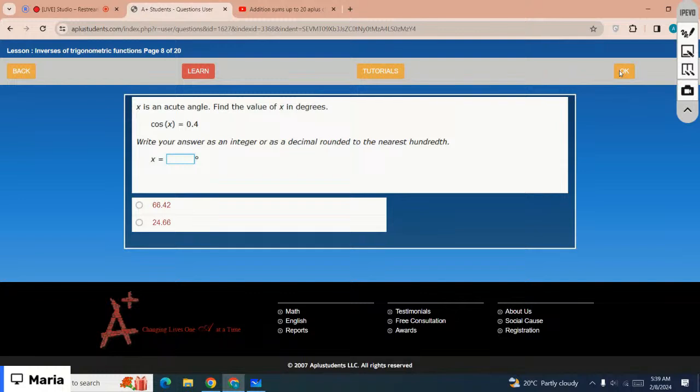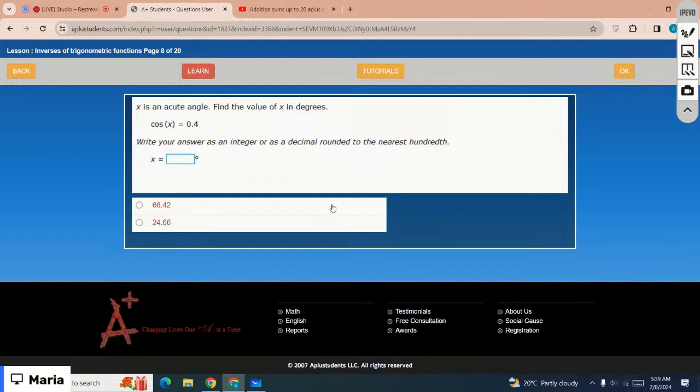You need to evaluate cos inverse of 0.4, right? So cos inverse 0.4 is 66.42, the correct option, right?